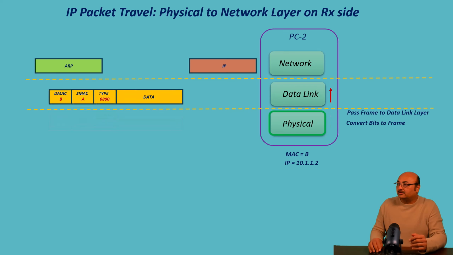The data link layer will receive the frame and process it. As part of processing, it will check whether the DMAC matches its own MAC address, and if it matches, it will accept it.